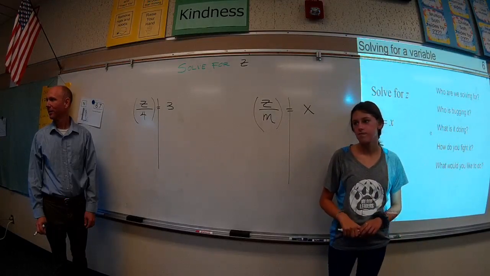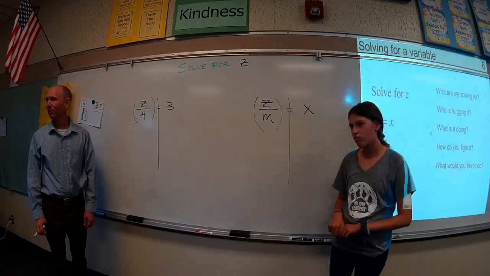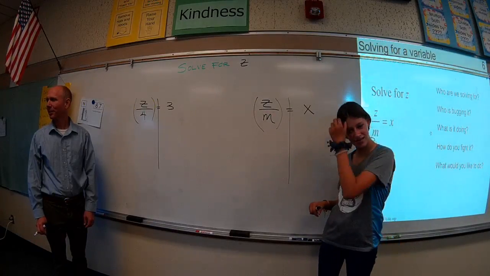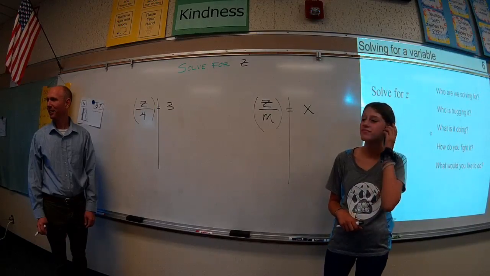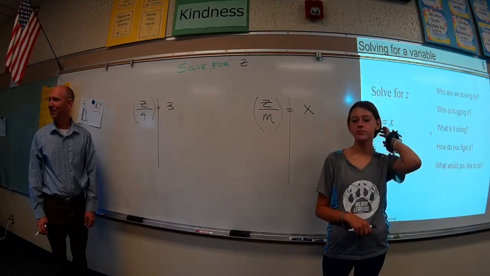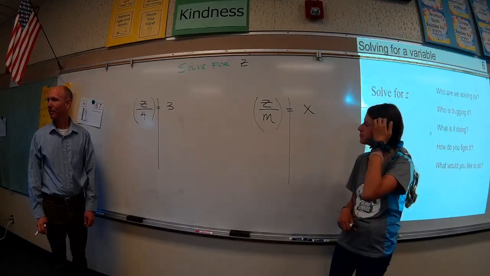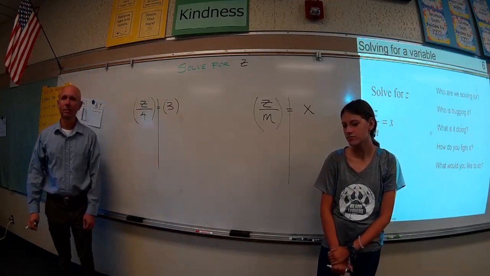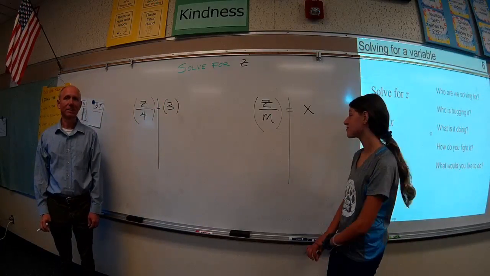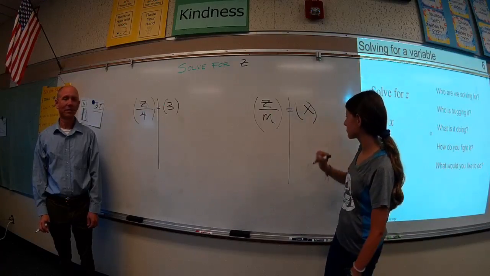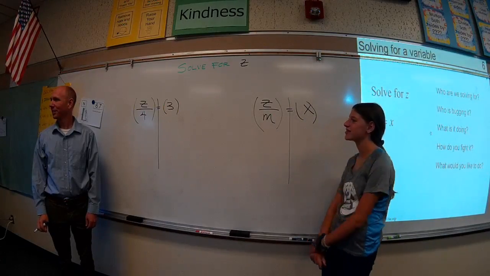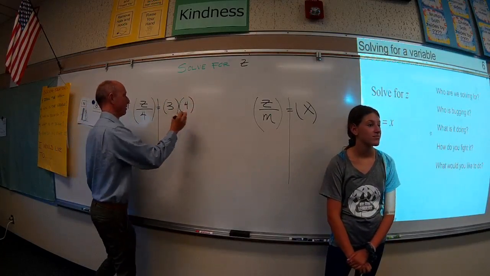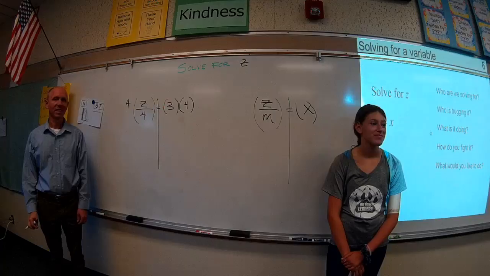Oh, no, wait, put it around the 3. Yeah, okay. Multiply both sides by 4. Multiply both sides by m.